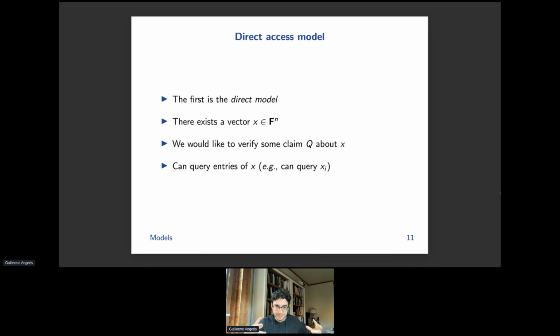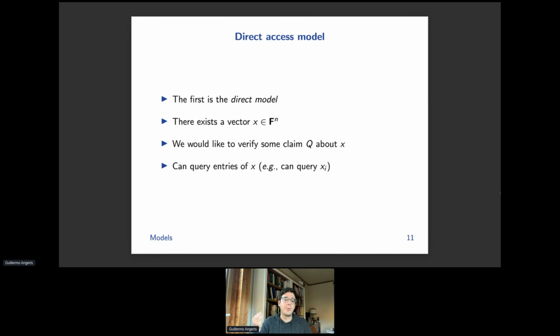In this model, there exists some vector x out there somewhere. I'll give you a concrete mental image of what this means later. We would like to verify some claim that someone made about x. The claim, for example, before could have been that x has a sparsity of 10%. So at least 90% of the entries are 0.